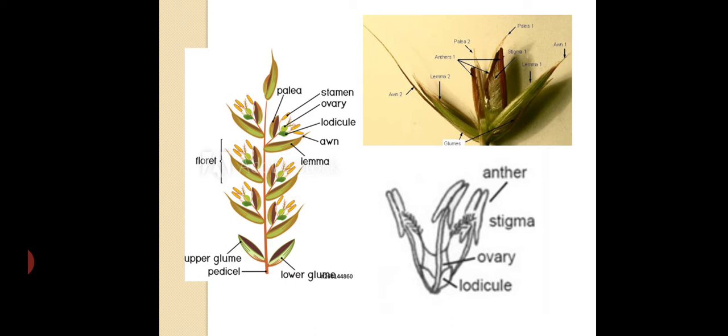Coming to the structure of the spikelet, the spikelets are arranged variously on the rachis or rachilla. Spikelets may have only bisexual flowers, or bisexual and male flowers, or male and female flowers.